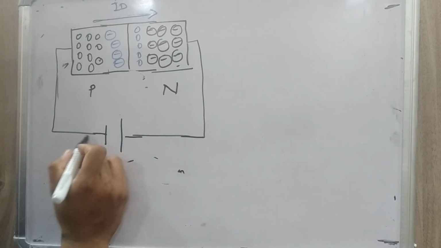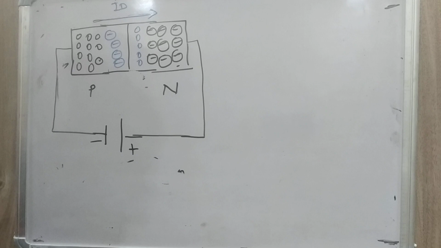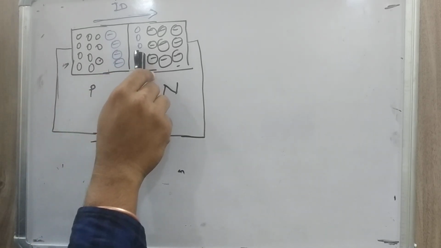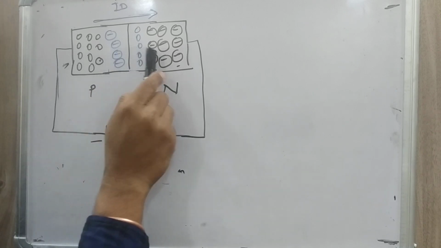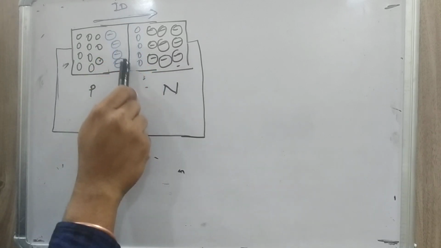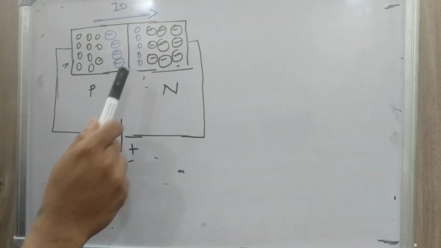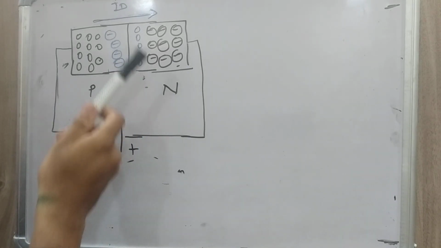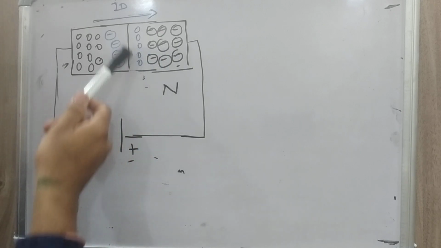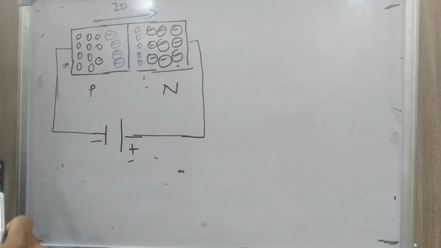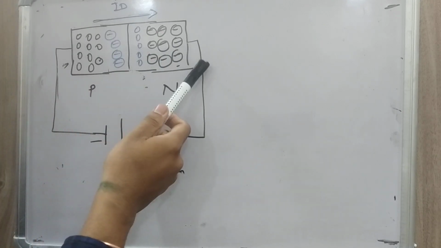Now this is a negative terminal and this is a positive terminal. We know that when a diode is reverse biased, there is no current flow, right? So now the holes which have already crossed the junction and traveled to the n side, and the electrons which have crossed the junction and come to the p side, they have to come back to their original position.